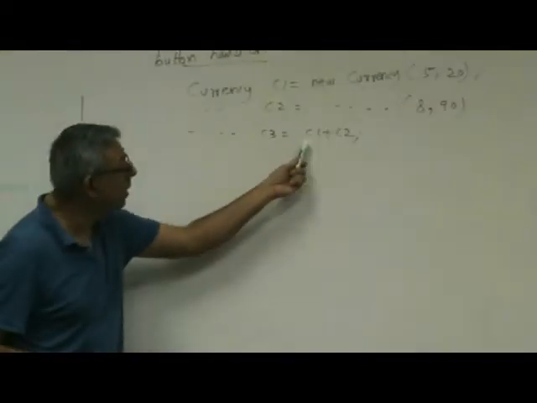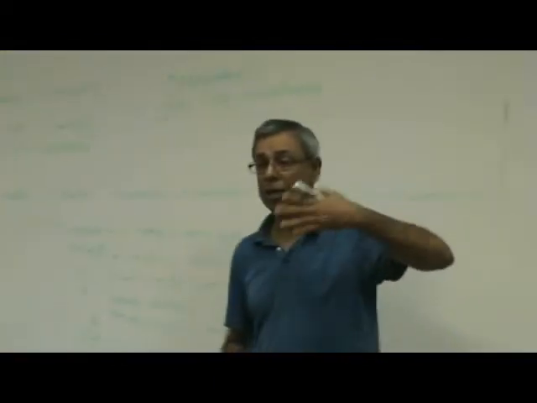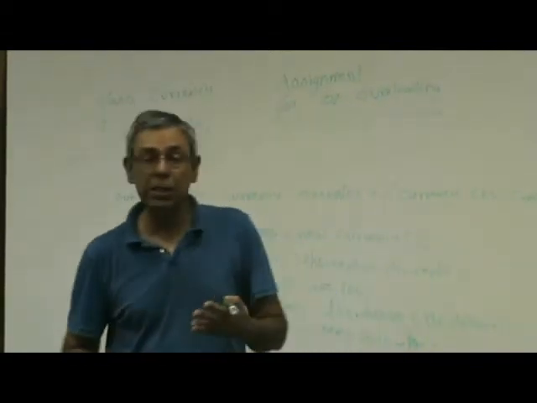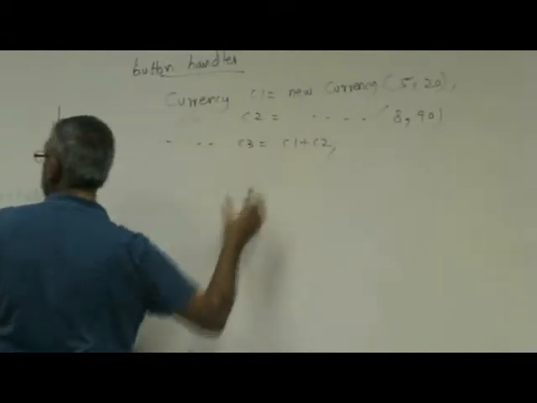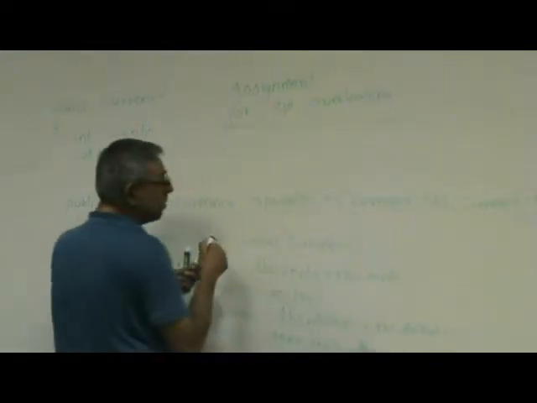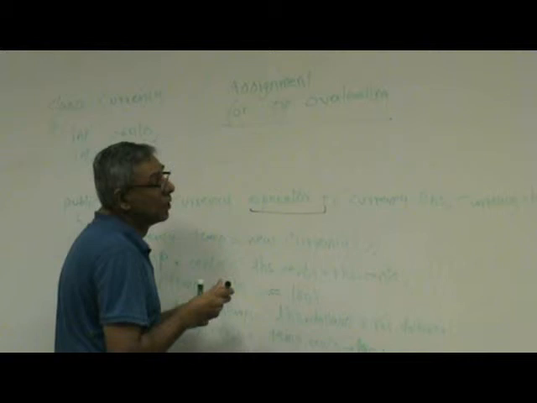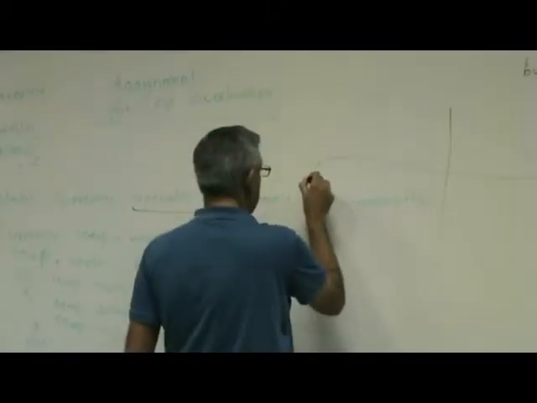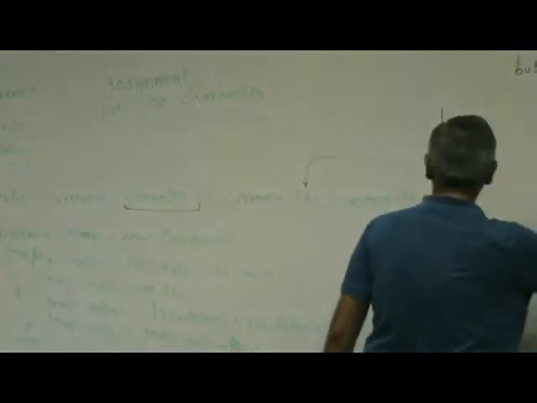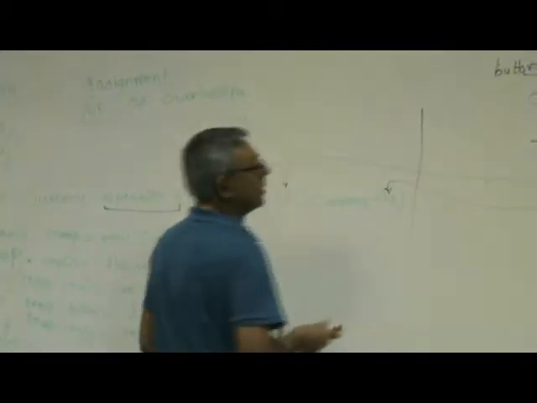Because remember, a computer can only do addition on integers or doubles, but not currencies, unless we define it. So then it goes to the currency class and says, oh, there is an operator plus. So that means this C1 will become left-hand side, this C2 will become right-hand side, okay?